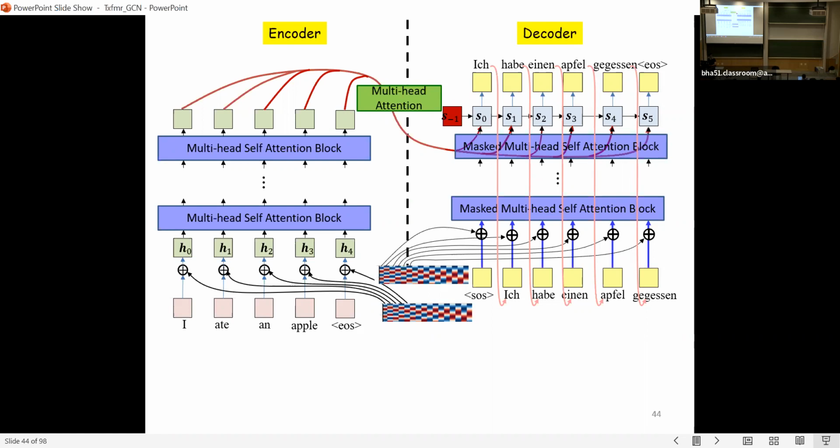You call that teacher forcing sometimes in algorithms. So you can use that in the training as well. The decoder in the real world is not going to have access to any words in the input, right? So you're going to use the start of sentence first, compute the first word, then use that as your input for the next word, and compute the word iteratively until you get to end of sentence.